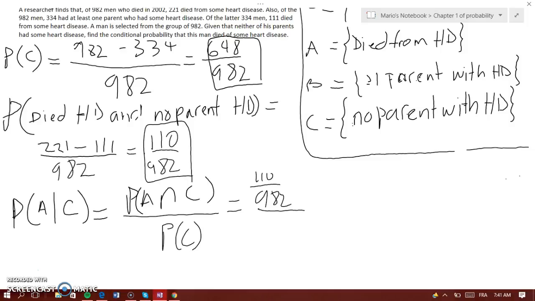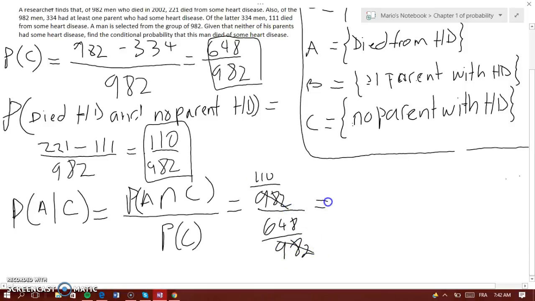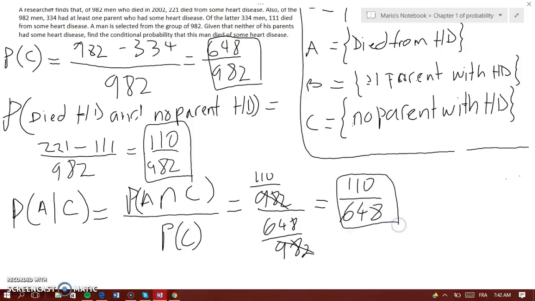And then over P of C, which is no parents with heart disease, which is 648 out of 982. And when you divide by 982, you will get 110 out of 648. And this is the answer to the problem, and the problem is over.